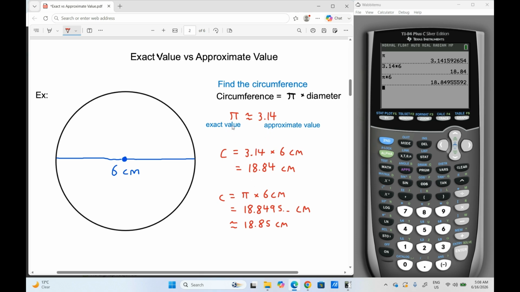The exact value is always more accurate to use than using the approximate value. But sometimes, when we're just multiplying decimals, we like to use 3.14 in lieu of 3.14159, et cetera, that continues on, because we just don't have that exact value on us when we're doing mental math. But to be more accurate, an exact value is much more accurate than an approximate value.